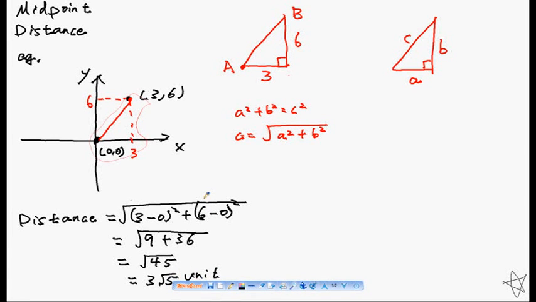That's your distance. The midpoint is basically the point in the middle of the straight line. It's simple to find the midpoint.